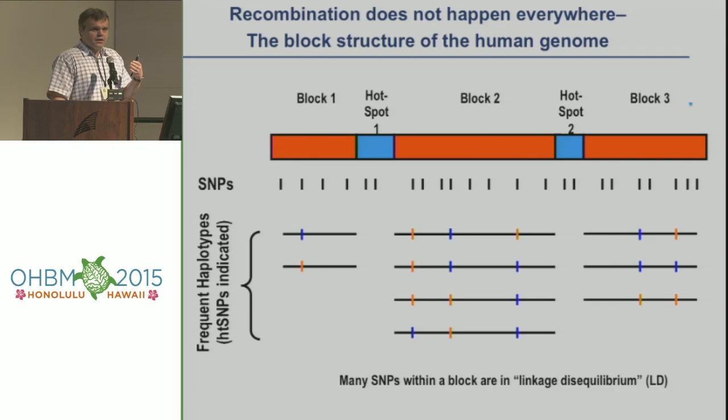You have fixed combinations of alleles within these blocks, and they make up a certain number of haplotypes, and the number of haplotypes is usually much smaller than the number of SNPs that you have within such a block. So in this case, you have 4 haplotypes, in a block that contains, I don't know, maybe 10 or even more SNPs. And there are usually a small number of SNPs that allow you to distinguish these haplotypes.